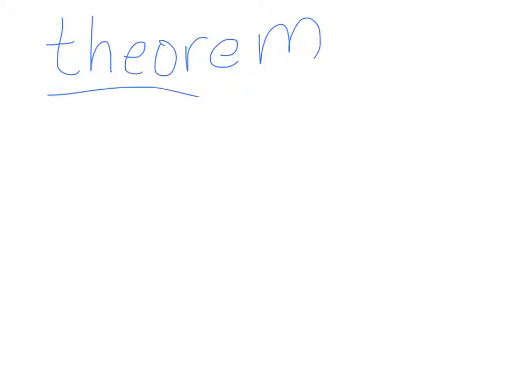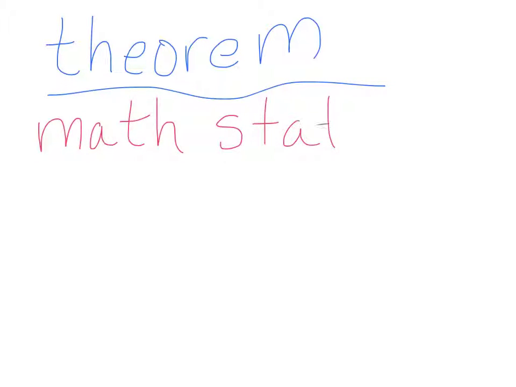What is a theorem? A theorem is an idea or concept that is used in a proof. Like the Pythagorean theorem, or other theorems. They call it a math statement. Can it be proven?